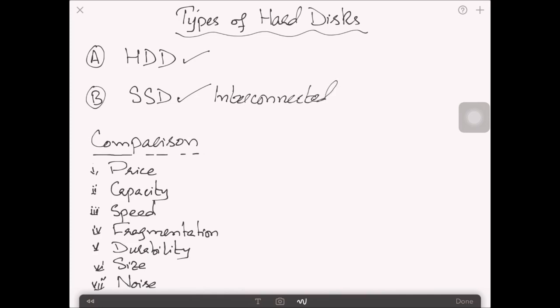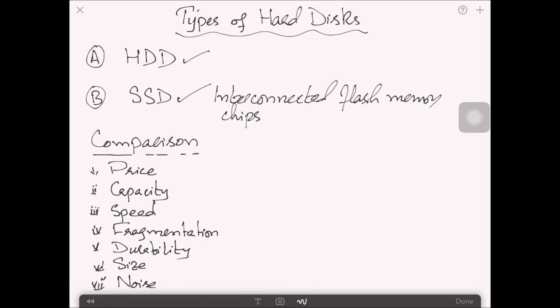Interconnected flash memory chips. These flash memory chips are of different type than the one used in our USB thumb drives. They are faster, more reliable, and of course, more expensive as well.